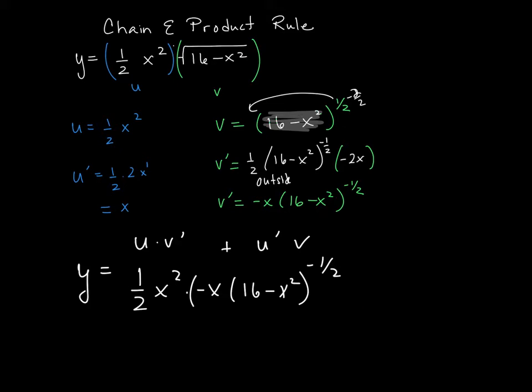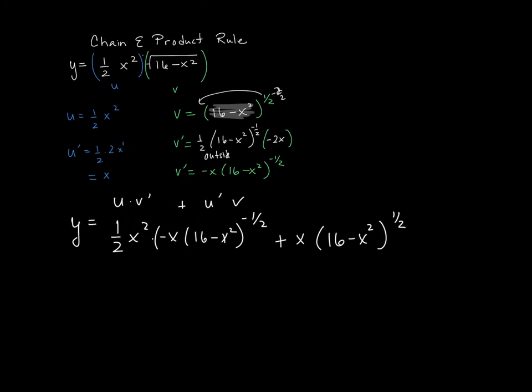Now for the next portion of this, I have U prime, which is just x, times V, which is my 16 minus x squared to the 1/2 power.